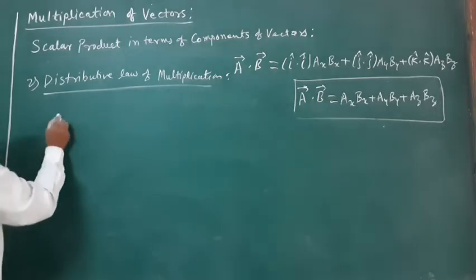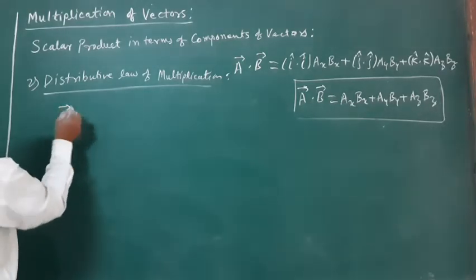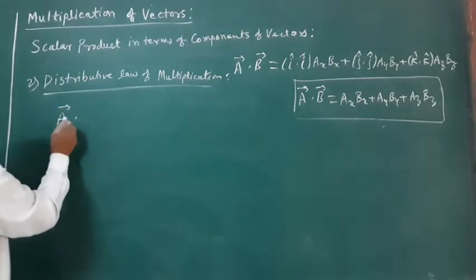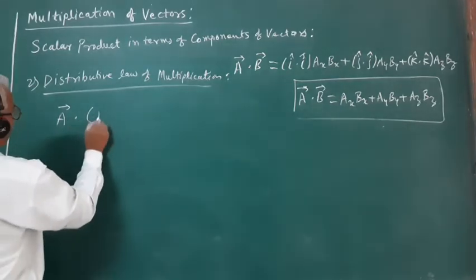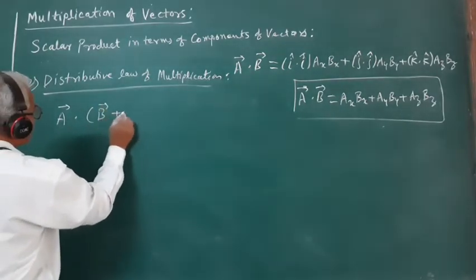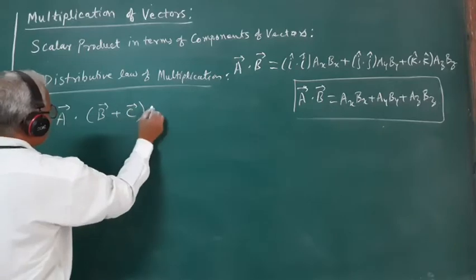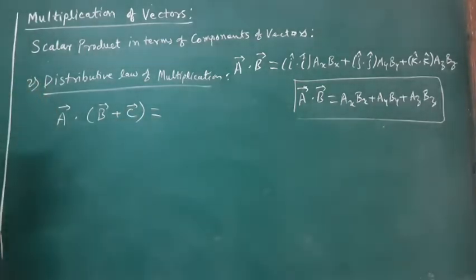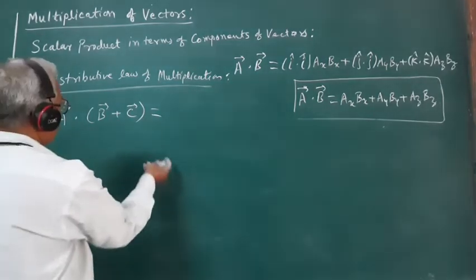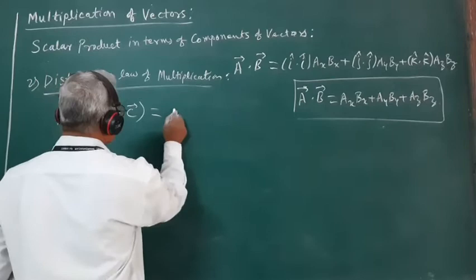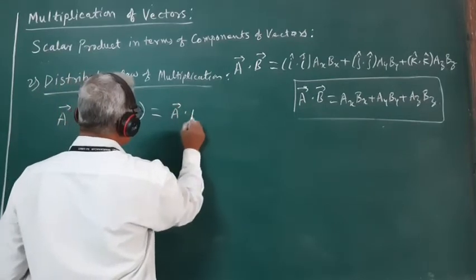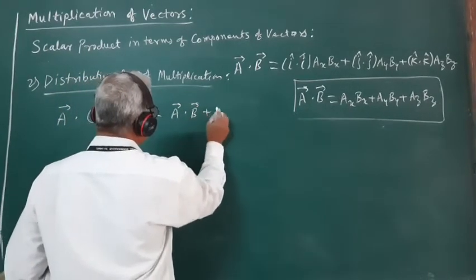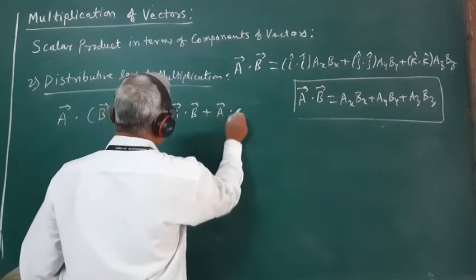That is, if we want to evaluate the dot product of the vector A bar with the sum of the vectors B bar and C bar, how to evaluate this dot product? This dot product can as well be expressed as A bar dot B bar plus A bar dot C bar.